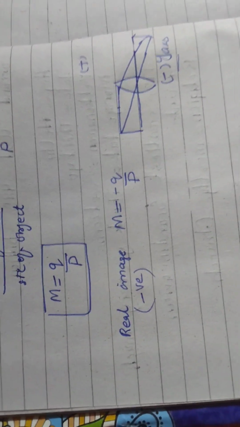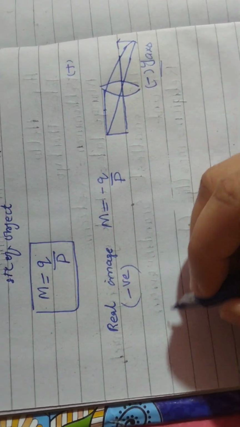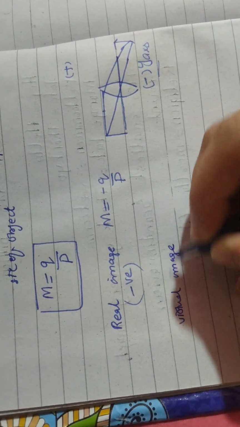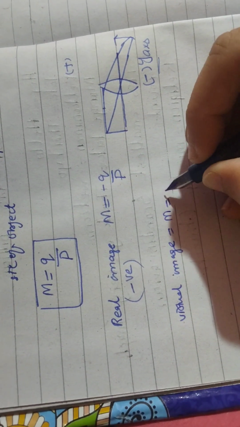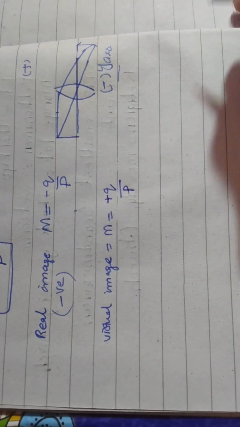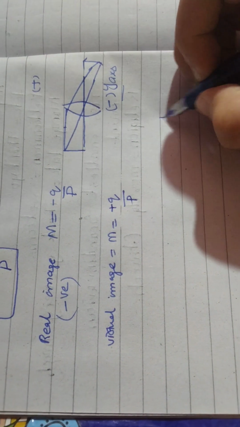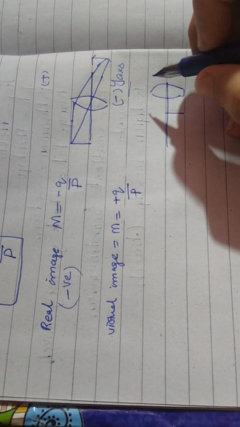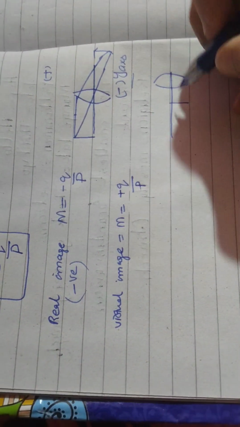Now let us talk about the virtual image. The virtual image magnification is positive, plus q upon p. Why? For example, here is an image and here is a lens, like we discussed in the compound microscope.